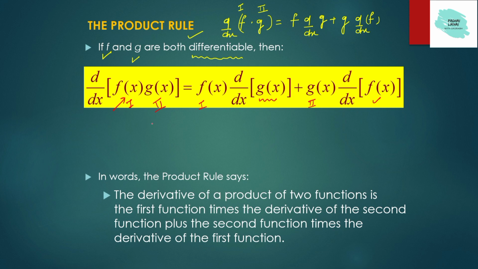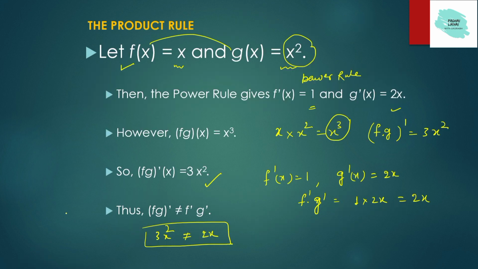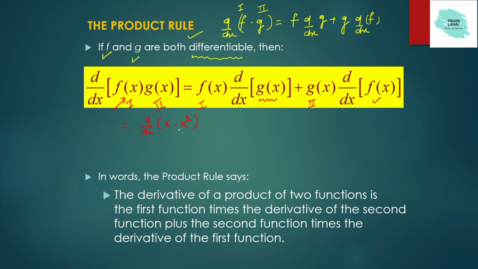Let us see one example: d/dx of x into x². We will verify the above result which we have shown in this slide. This is the first function, this is the second function. Let us go with this formula.